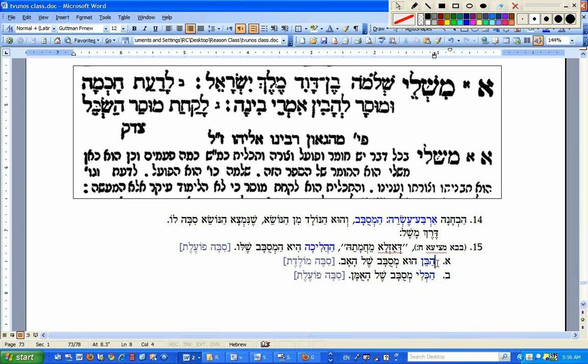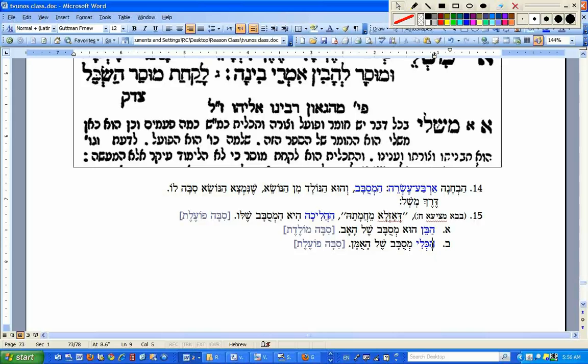The siba molida was the av, and the ben is the mesubav of that siba molida. The kli is the mesubav of the uman. We said the uman is the siba poelis. He's not part of the kli. It's not like he's giving birth to a son, but because of him, his actions, this kli came into existence. So that's the result.